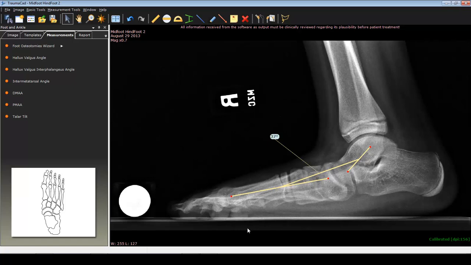And what is normal of Meary's angle? Normally, normal Meary's angle is between 0 to 8 degrees on an anterior-posterior view, but on a lateral image, normally this angle is parallel, where the long axis of the first metatarsal and the talar declination is parallel, with minimal to no break.